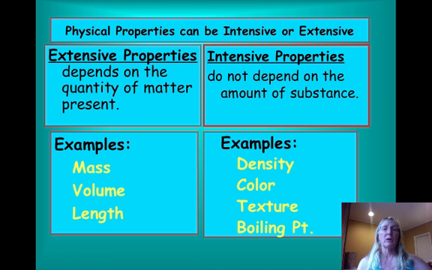Now let's zero in on one or two of those. I could have a teaspoon of sulfur or a gigantic mountain of sulfur from, say, some sulfur refining plant. It doesn't matter if I'm looking at the teaspoon of sulfur or the mountain of sulfur. The color that the sulfur is going to have is yellow.